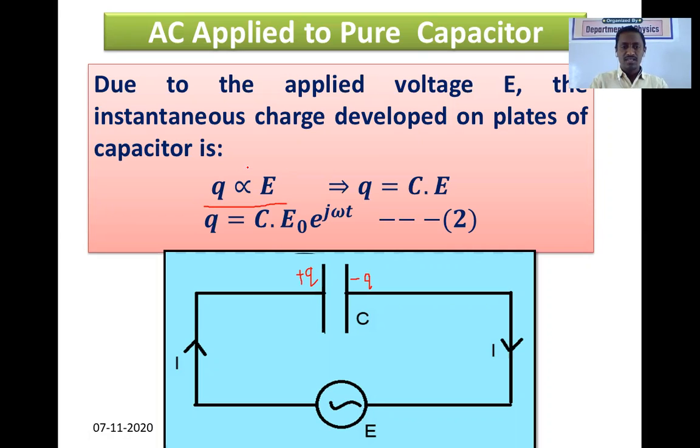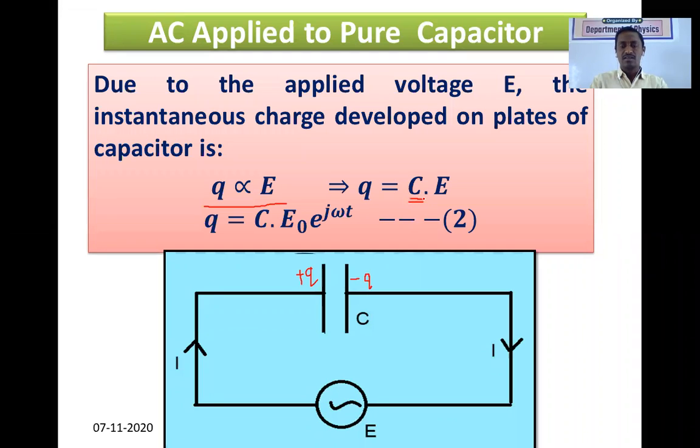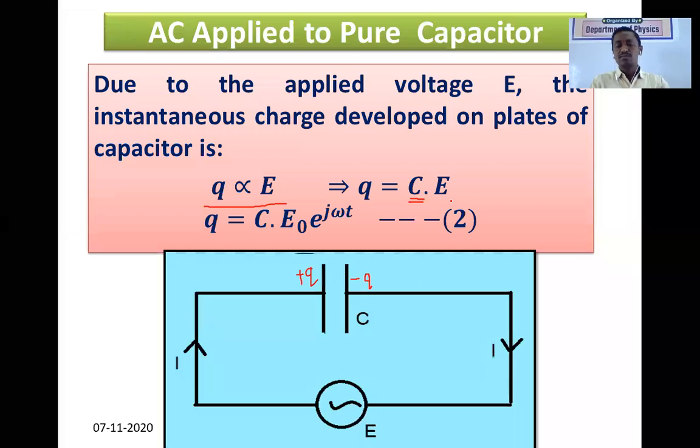If we remove the sign of proportionality, put an equal sign and put the constant C, meaning the capacity or capacitance of the capacitor, it is a very general equation: Q equals C into E, or sometimes V is used as the potential.